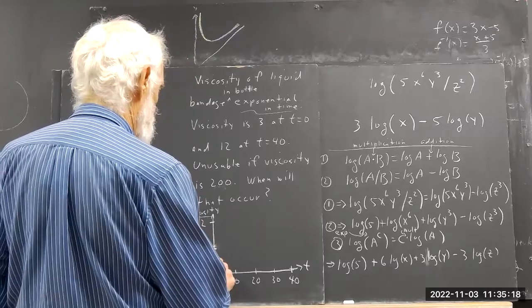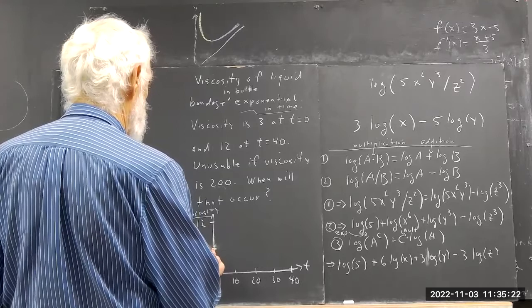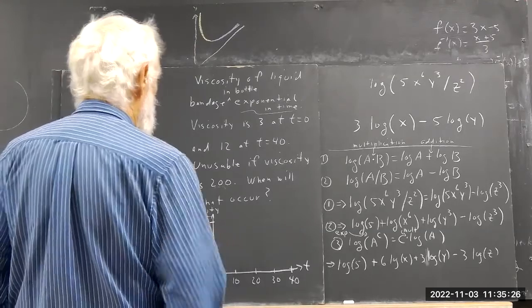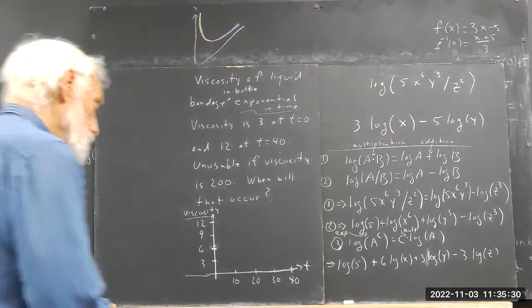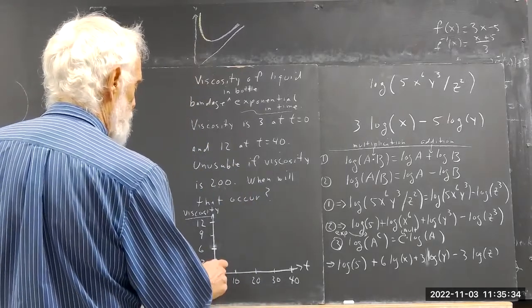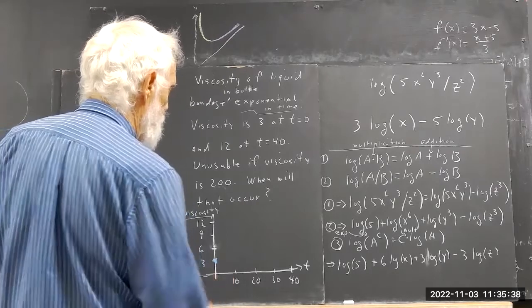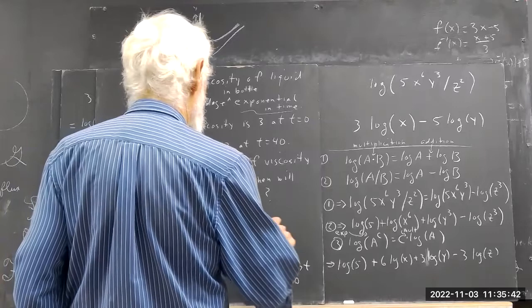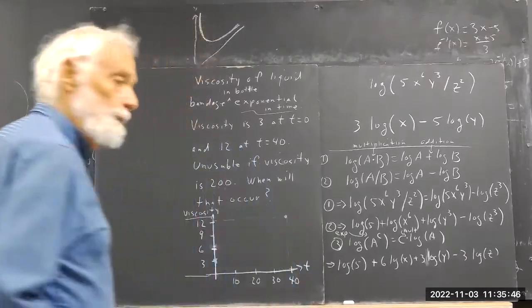Okay, maybe that's good. So 3 would be here, 6 would be here, 9 would be here. And now we can put a couple of points in the graph, and everybody saw that real nicely. Okay, 0, 3 would be here, and 40, 12 would be here.